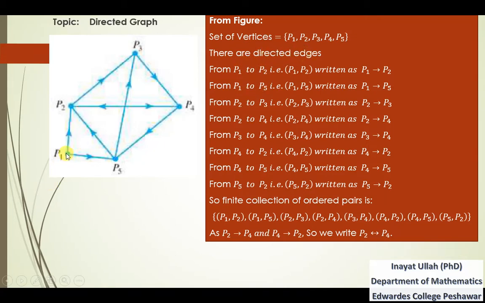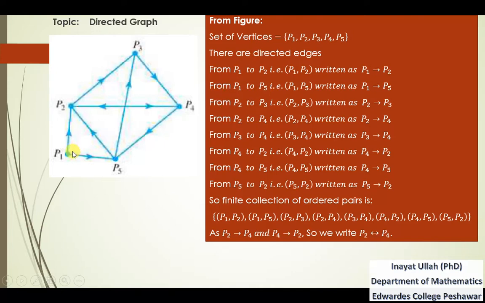The first edge is from p1 to p2. So from p1 to p2, this edge can be written in ordered pair form as (p1, p2). Remember that it is (p1, p2), not (p2, p1). (p1, p2) means this is the edge from p1 to p2, and this is written as p1 → p2.